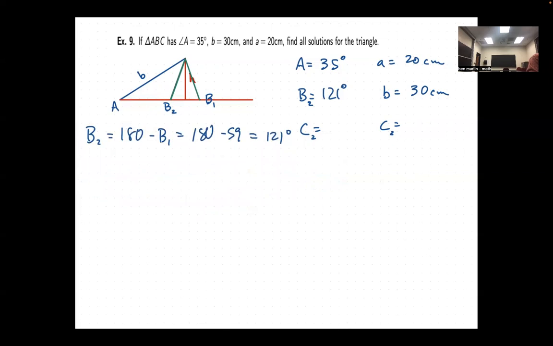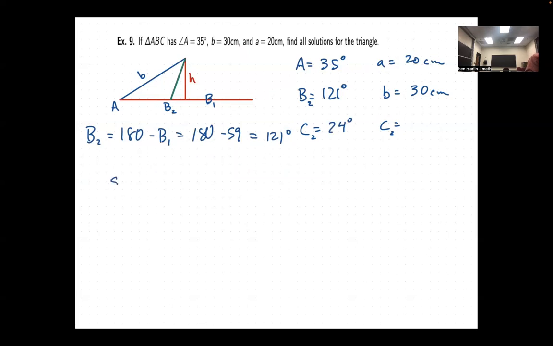All right. And then I'm going to erase that because we're looking at this case here. Once we get that, we can subtract and find out that this angle needs to be 24 degrees.